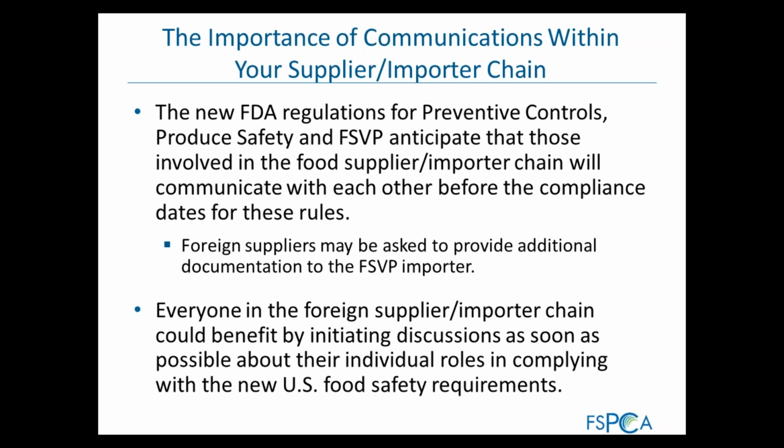Everyone within the supply chain, the foreign supplier, the vendors along the supply chain route, should have begun conversations well over a year ago about how to comply with this rule and to make sure that all of the parties involved understand what their role is in the food safety system for importing food into the United States.